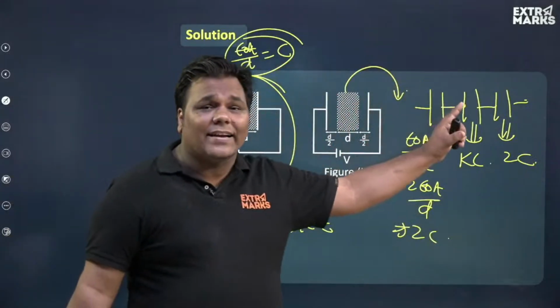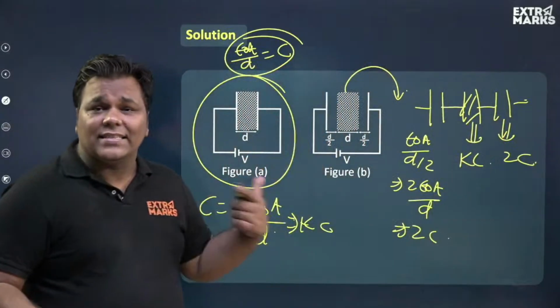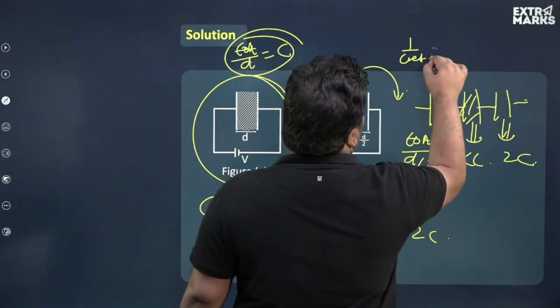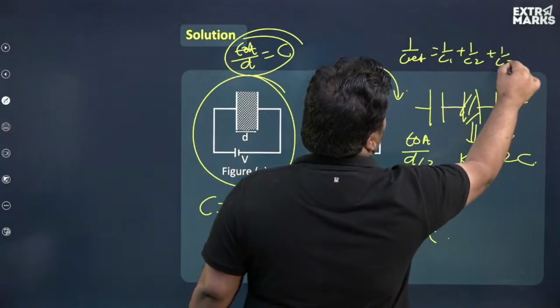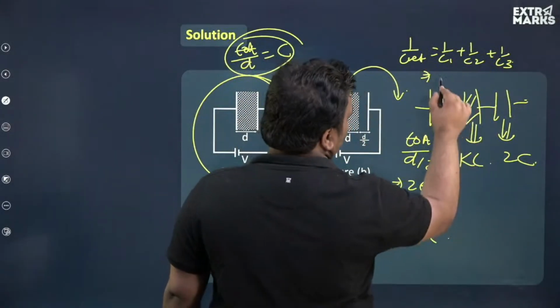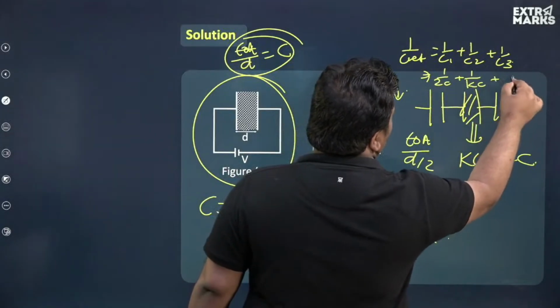These 3 are connected in series. This is filled, obviously. So what I need to do: 1 by C net is equal to 1 by C1 plus 1 by C2 plus 1 by C3. I can easily calculate it. It will be 1 by 2C plus 1 by KC plus 1 by 2C.